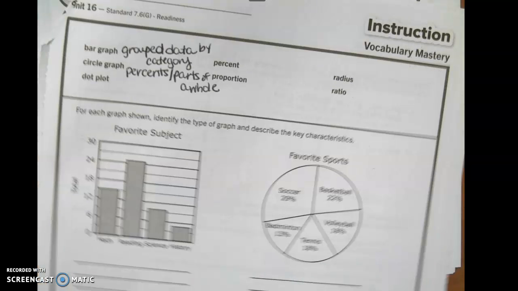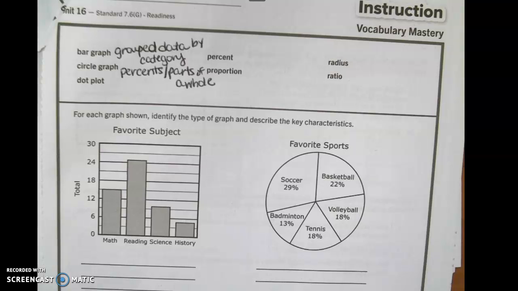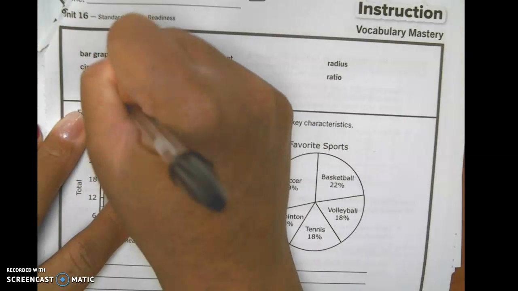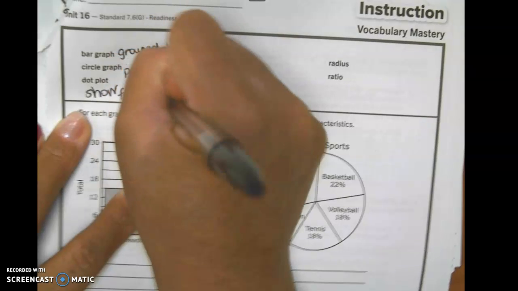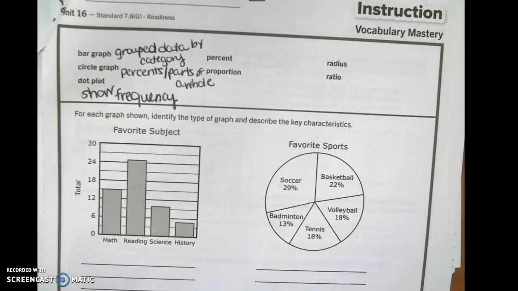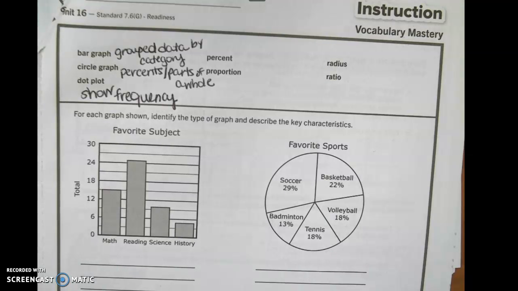Doing something a lot. It's repetitive. Frequently. Yes. Frequency. Dot plots show frequency. How often something is repeated.